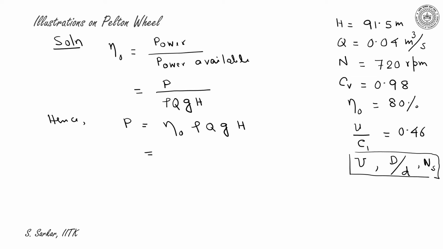Eta 0 is given as 0.8. Rho I can write as 10 to the power 3. Volume flow rate Q is given as 0.04. g can be taken as 9.81 and head available is 91.5.